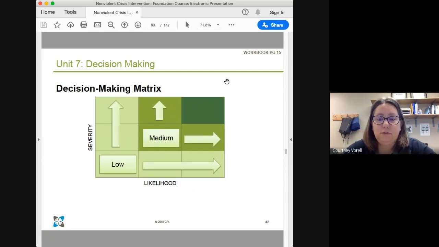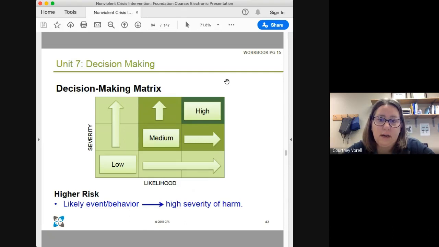If we move into the medium level and high, medium just kind of falls in between these two. Obviously, it might be moderately likely or moderately severe. So you are assessing that medium level. If it's high, it's something that's very likely to happen, and it has a high severity of harm if it does.